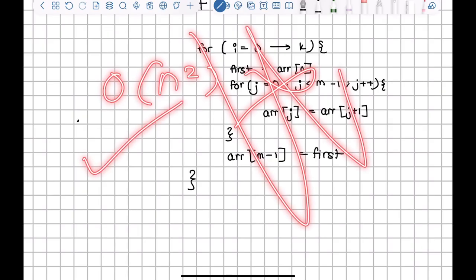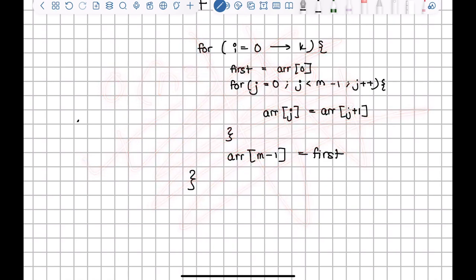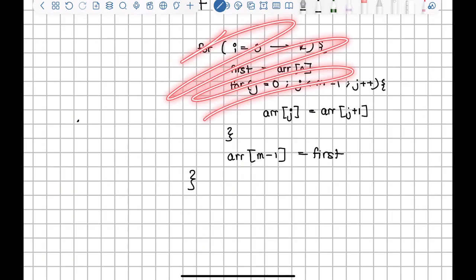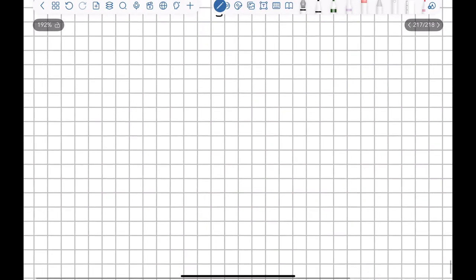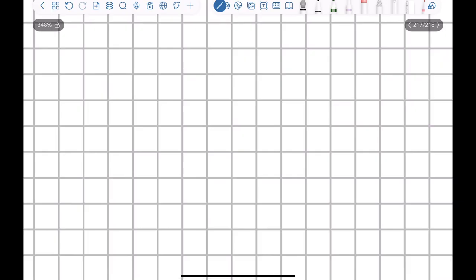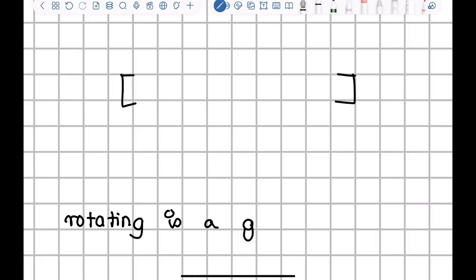Even though this will solve your problem, this will not give you a correct submission, because this is too slow, very slow. Now you have to think smartly. Rotating, let me write it down, is a math game, a game of indices.